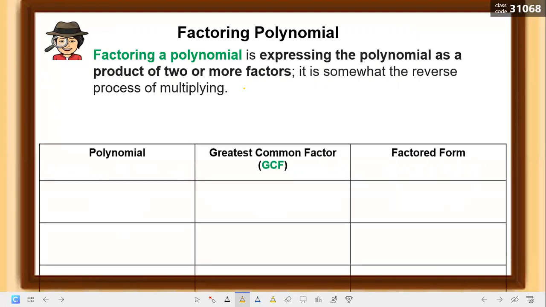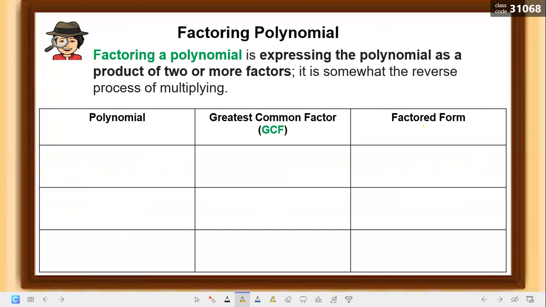So first, we are going to discuss how to find the factored form. Ito yung factored form ng alin? Ng binomial in the form of, okay, ito yon. Number one example natin, we are going to find the GCF or the greatest common factor. Can you identify first the GCF? 2x po, sir.